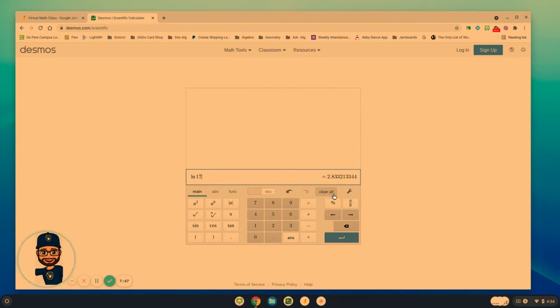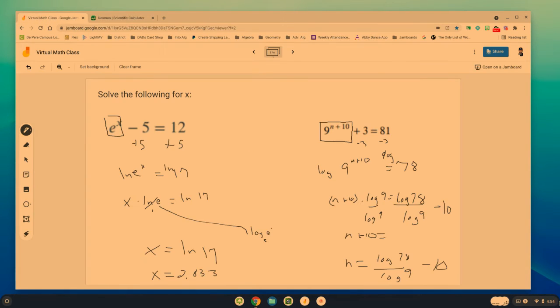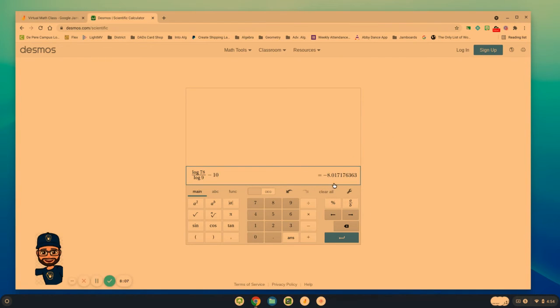Start out with your fraction. Log of 78 divided by log of 9, take away 10. Log of 78 over log of 9, take away 10, gives us negative 8.017.